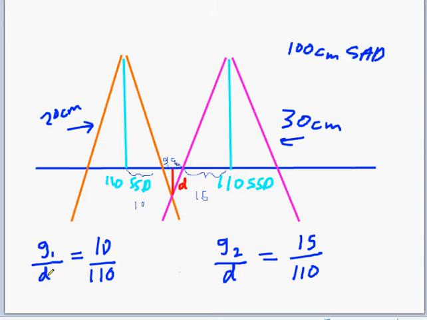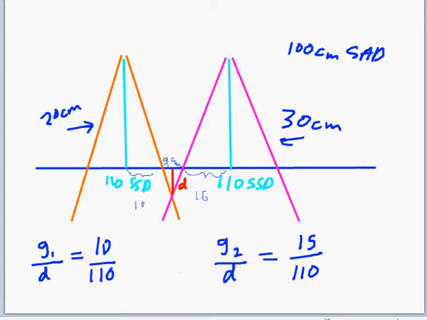So this G1, again, if this 20 centimeters is defined on the surface of the patient, G1, this gap divided by the depth, that little triangle, is going to be the ratio of 10, which is right here, divided by 110, which is the SSD.